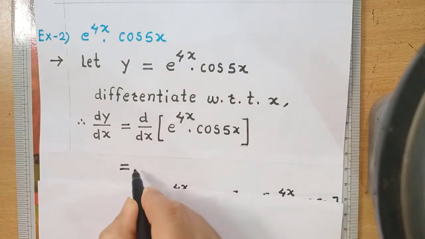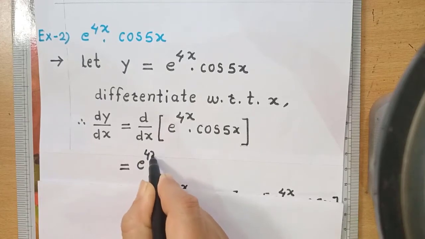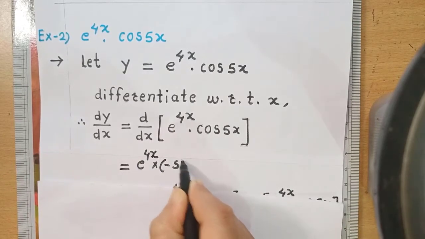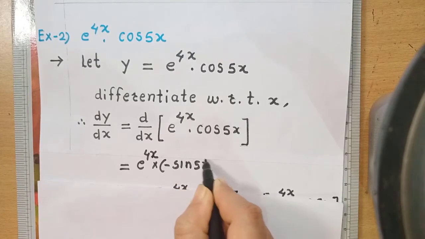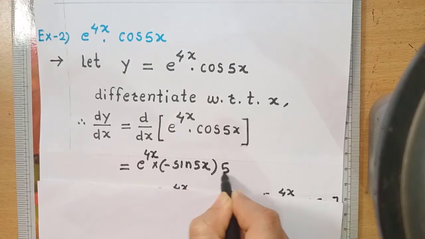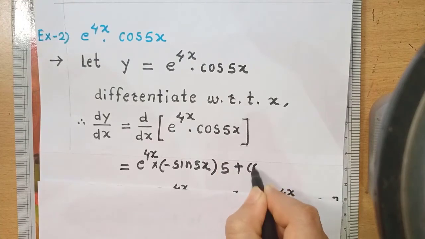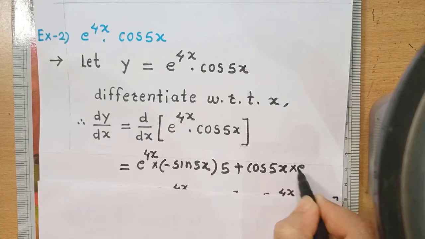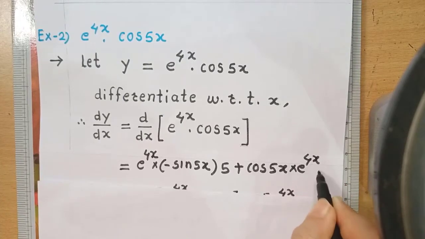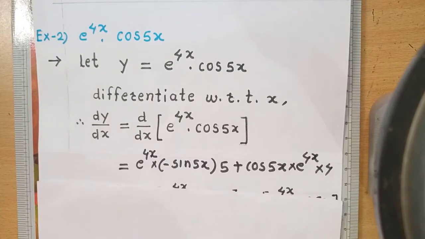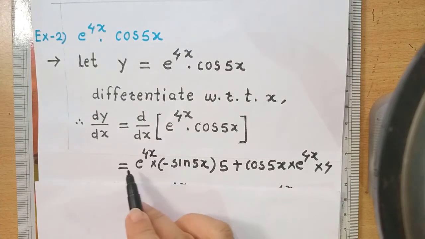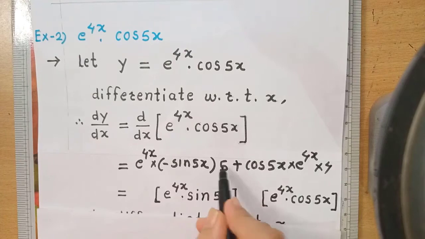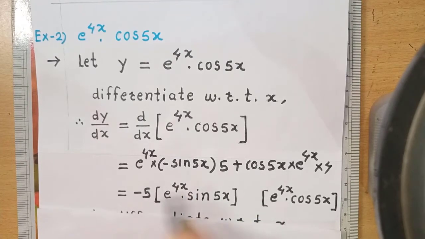We have the first term as it is, e raised to 4x, then derivative of the second is minus sin 5x, and derivative of this is 5, then the second term as it is, and derivative of the first term is e raised to 4x, and again derivative of this.